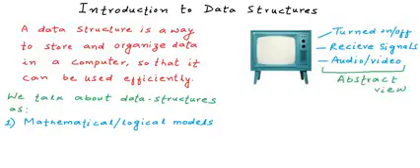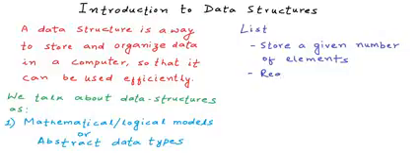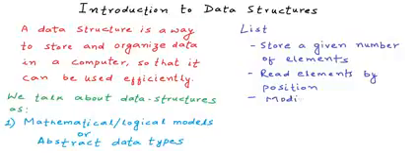So when we study data structures as mathematical or logical models, we just define their abstract view, or in other words, we define them as abstract data types. An example of abstract data type can be, I want to define something called a list that should be able to store a group of elements of a particular data type, and we should be able to read the elements by their position in the list, and we should also be able to modify the element at a particular position in the list.